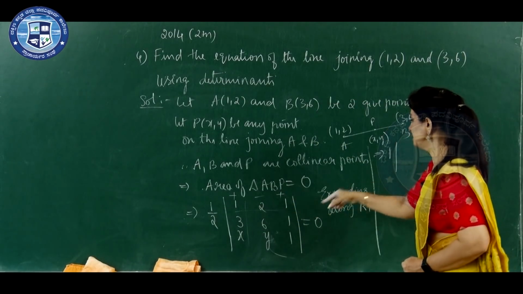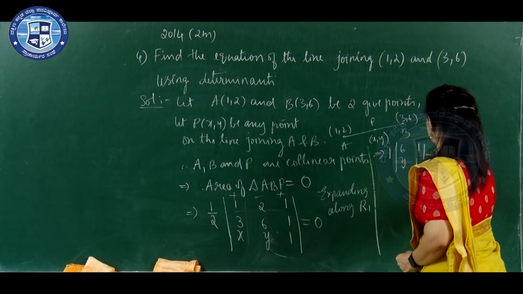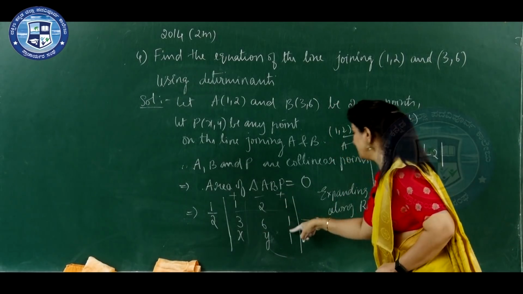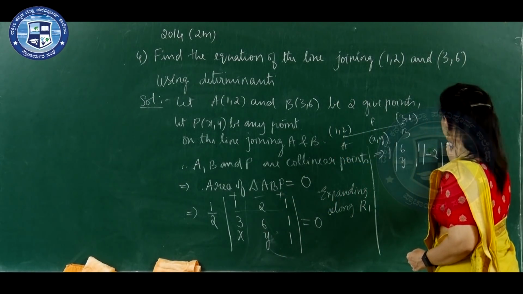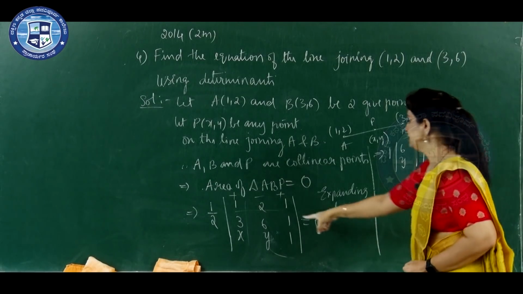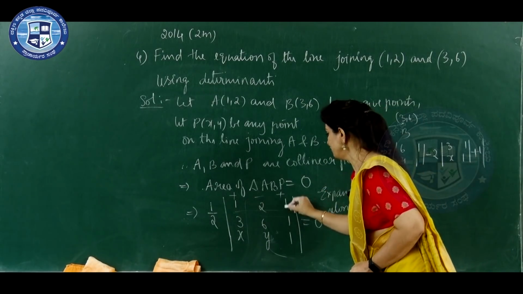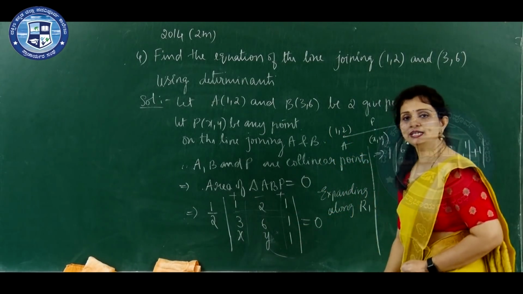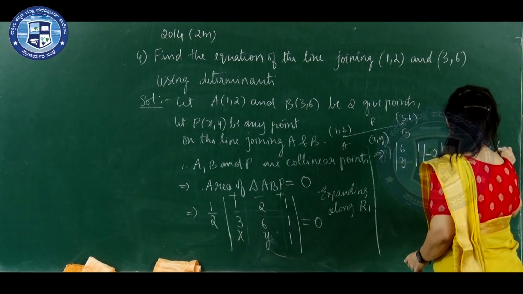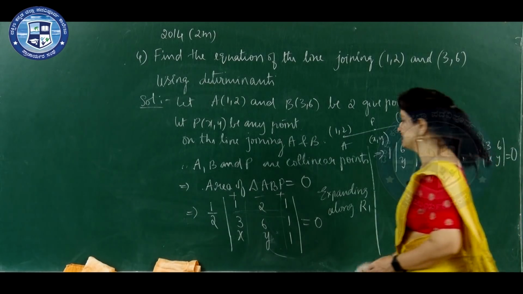First row and first column: determinant 6 1, y 1, minus 2 into, delete the first row and second column, the remaining elements written inside the determinant 3 1, x 1, plus 1 into the determinant, delete the first row and third column, it is 3 6, x y, is equal to 0.